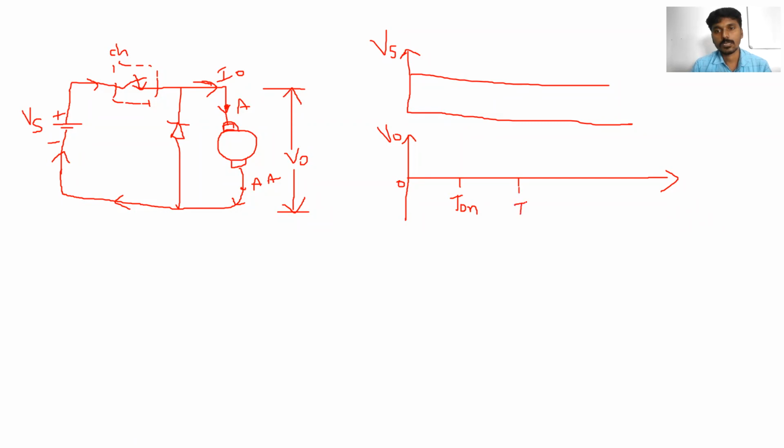So this is the total time period. This is the off period, and this is the on period. On period plus off period is equal to the total time period, capital T. Is it okay? Did you get the point?